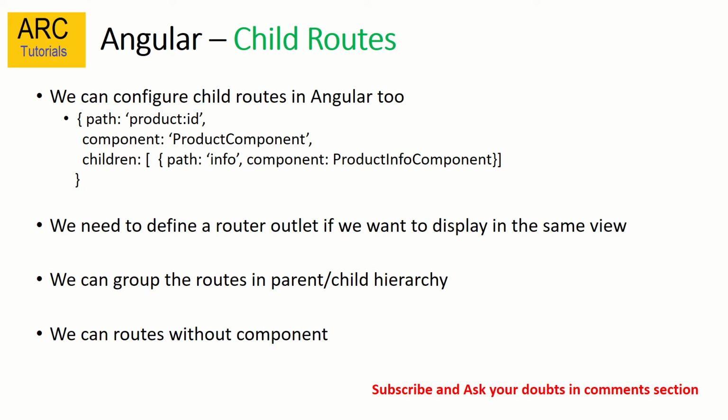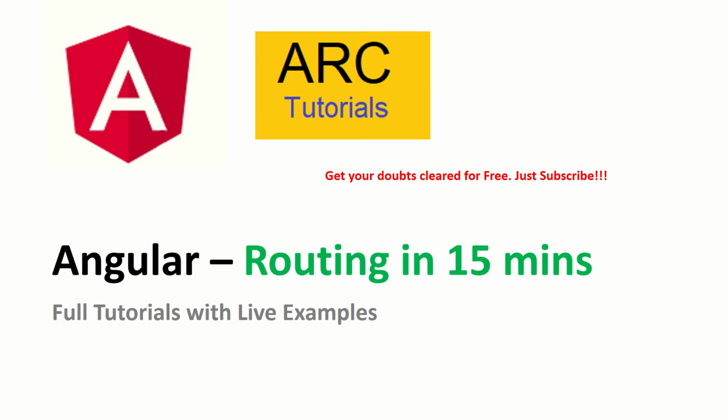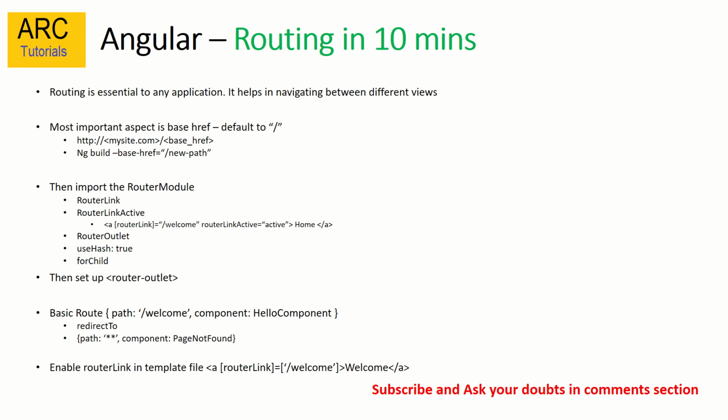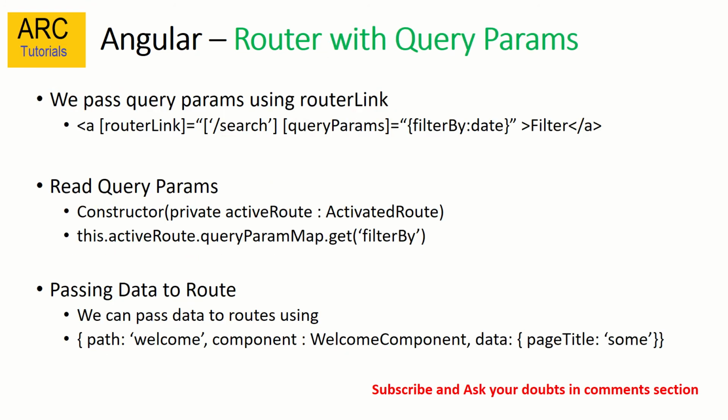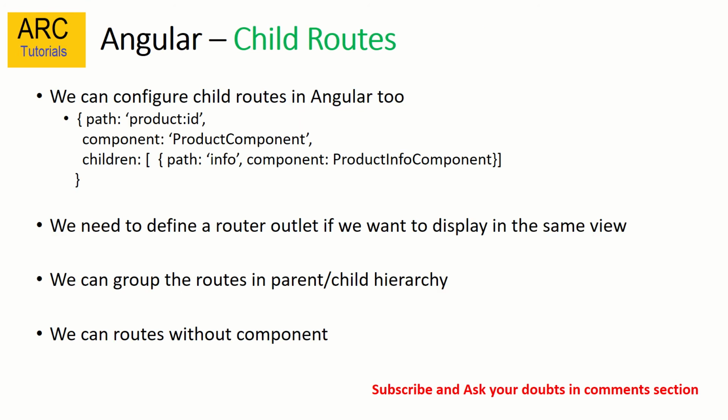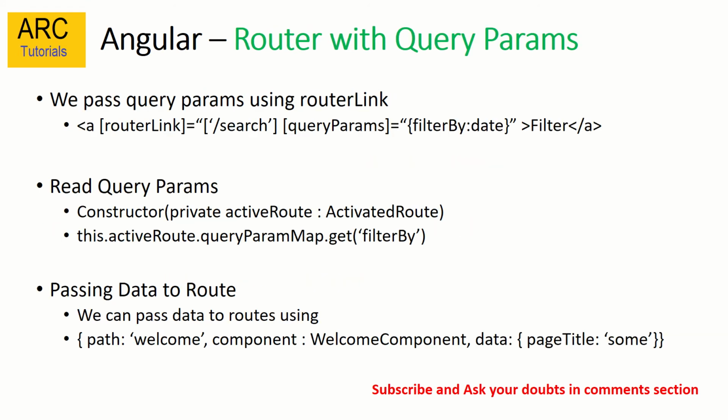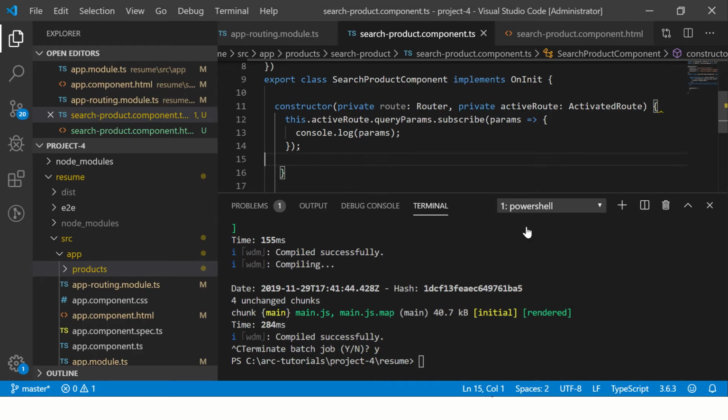You can define an individual router outlet for each of the views. So this is all about theory, and I leave you with that. You can go back to this tutorial, see all the screens, and read through each of this so that you are prepared for your interview questions in detail. I'm going to show you the practical because that is the only way to learn it. So let's get started.